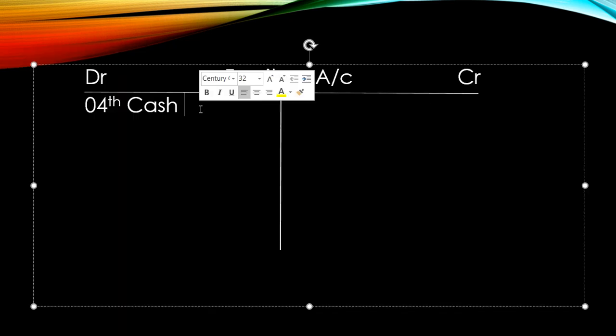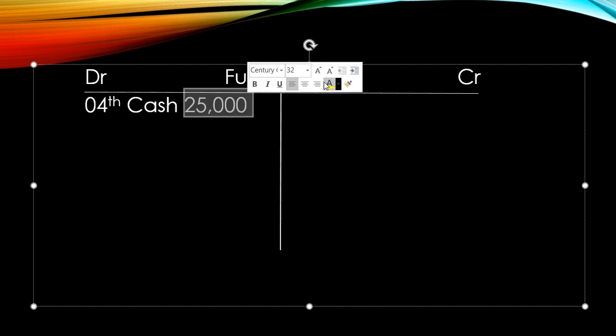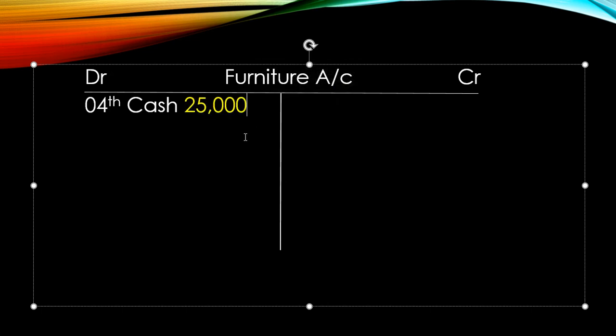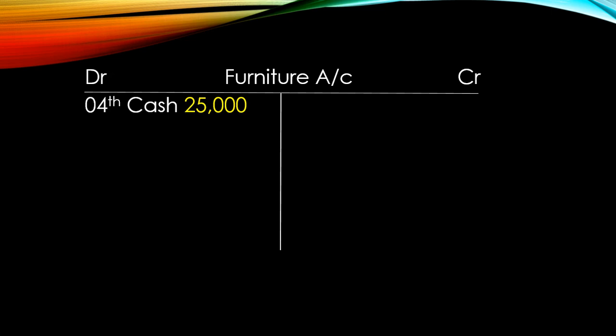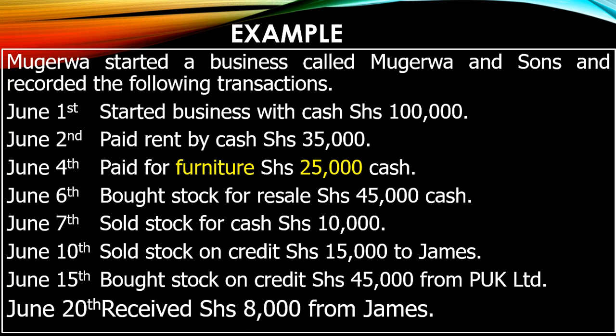Furniture is here. We are paying cash 25,000. So that one is also worked out. Double entry means record every transaction twice. So now that is the transaction that happened on the 4th. Now we are going to look at the transaction that happened on the 6th.